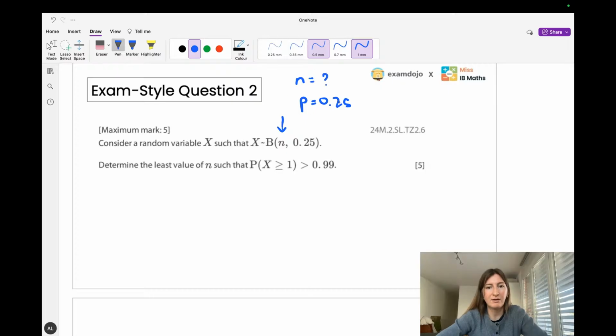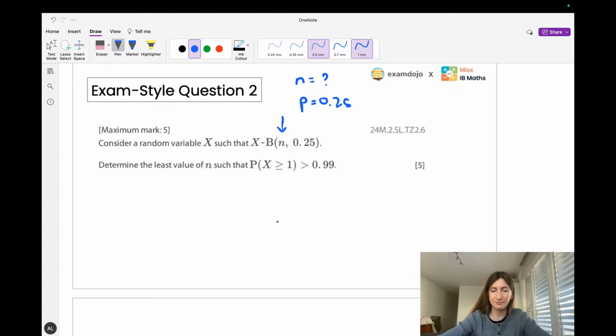I like to write up my variables here that I'm expected to know or that are involved in the question, just so I can know what I have, what I'm working with, and what I might need to find. Determine the least value of n, that means the smallest value of n, such that the probability that x is more than or equal to 1 is more than 0.99.